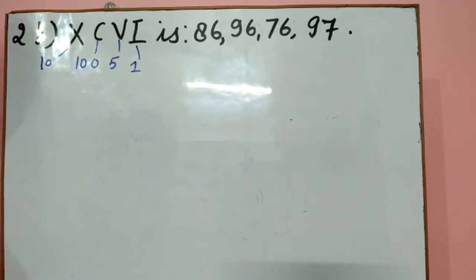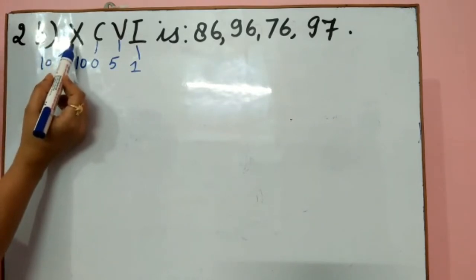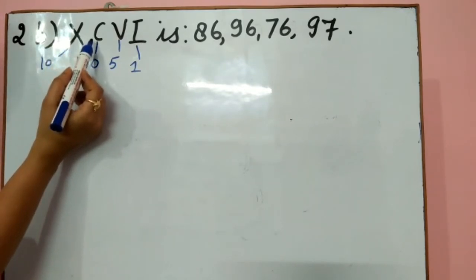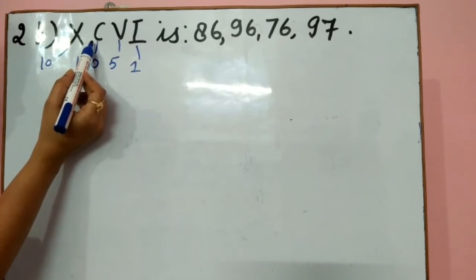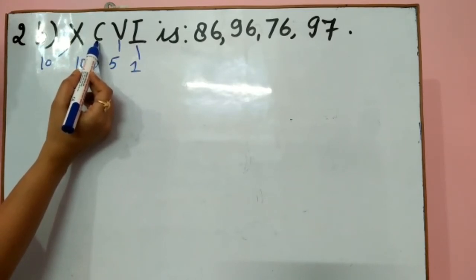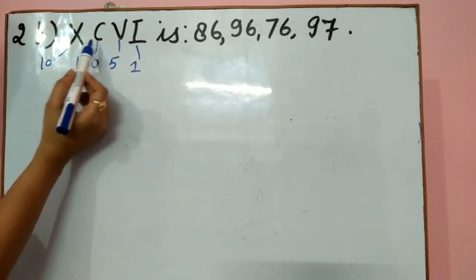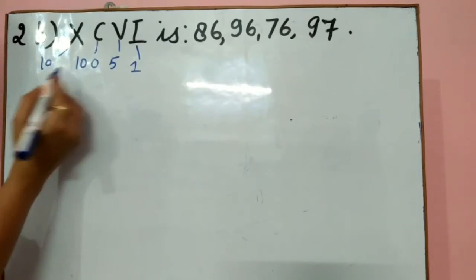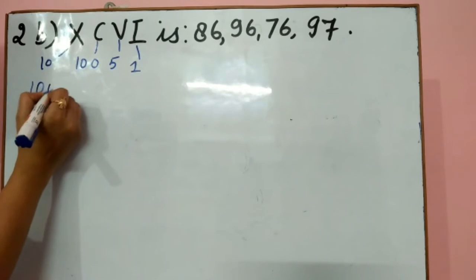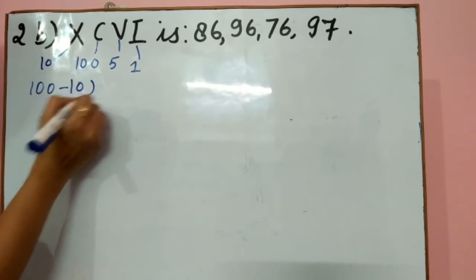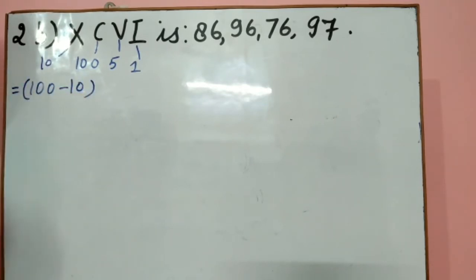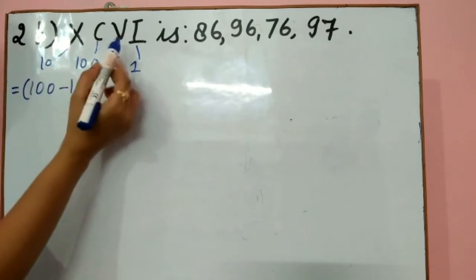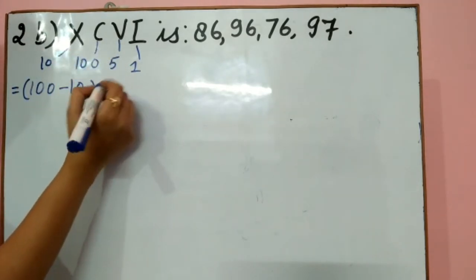We will start from the left hand side. Whenever a letter of smaller value is written to the left of a letter of greater value, then the smaller value is subtracted from the greater value, meaning 100 minus 10. We will write this one inside the bracket. Plus sign.